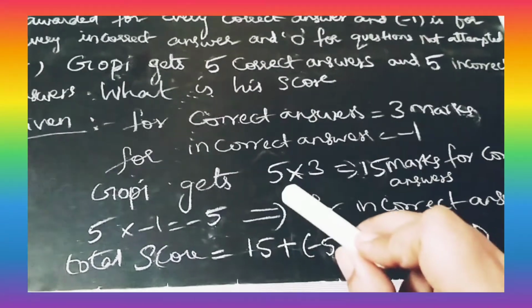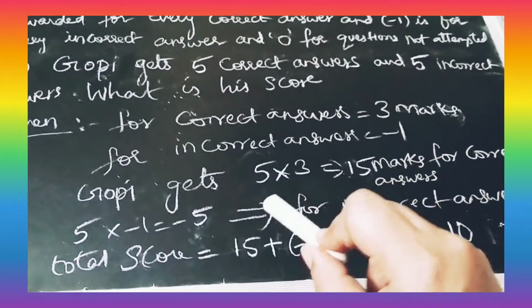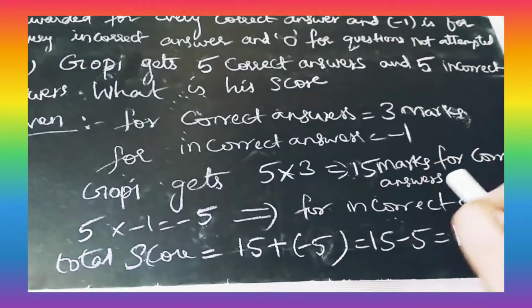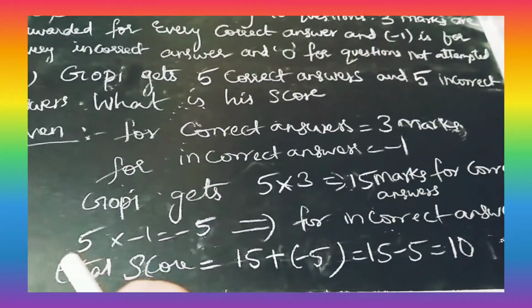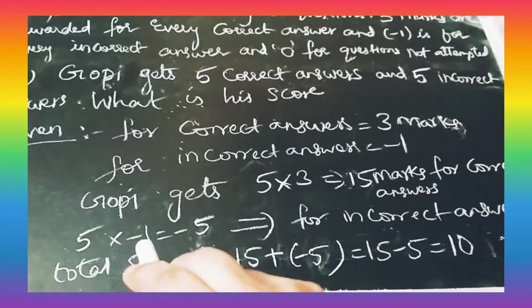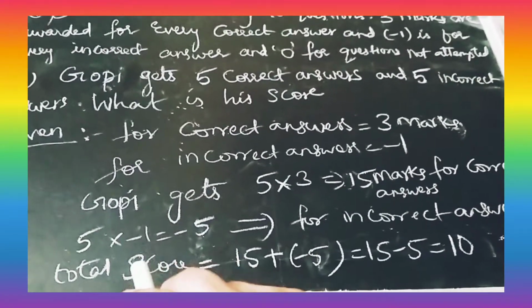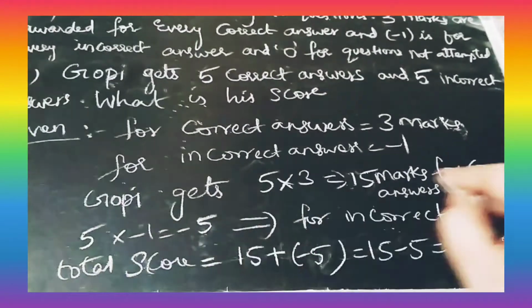So Gopi gets 5 correct answers, so 5 into 3 marks. 5 into 3 is 15 marks for correct answers. Again, how many incorrect answers has Gopi written? 5. 5 into minus 1. 5 ones are 5, plus into minus is minus, for incorrect answers.